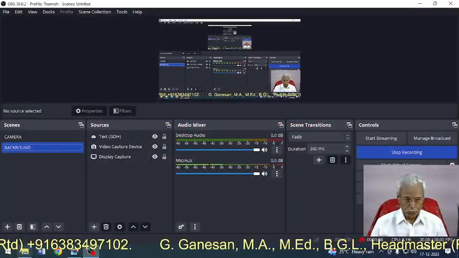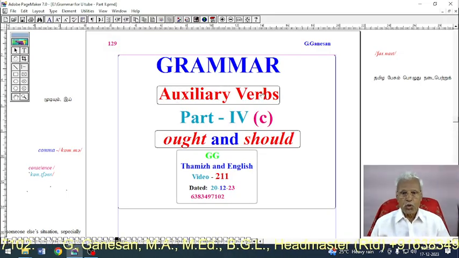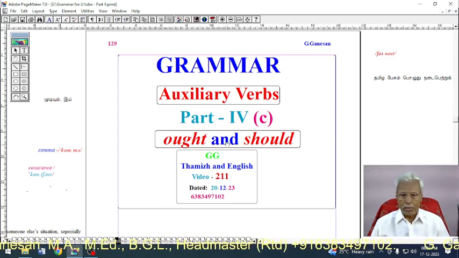Come. First, auxiliary verbs part 4C, ought and should.